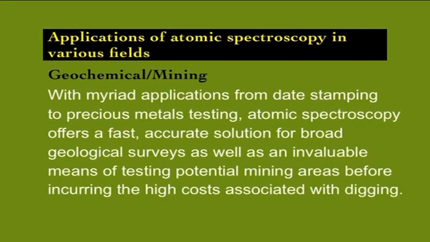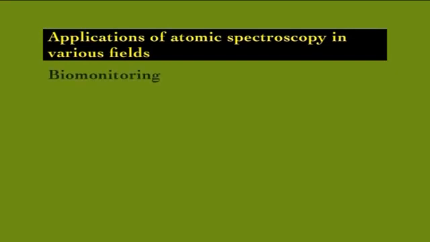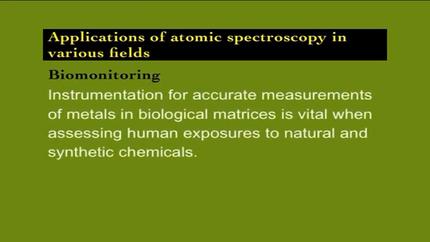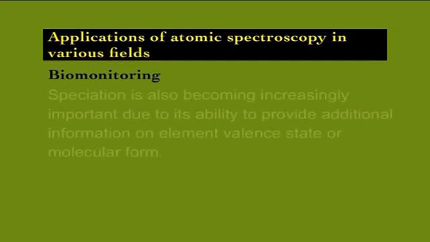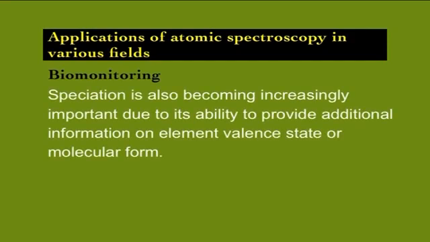associated with digging. Biomonitoring. Instrumentation for accurate measurements of metals in biological matrices is vital when assessing human exposure to natural and synthetic chemicals. Speciation is also becoming increasingly important due to its ability to provide additional information on element valence state or molecular form.